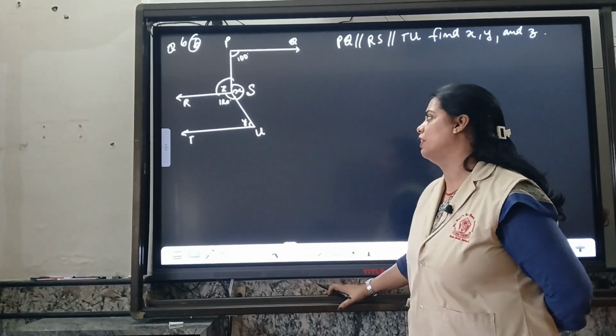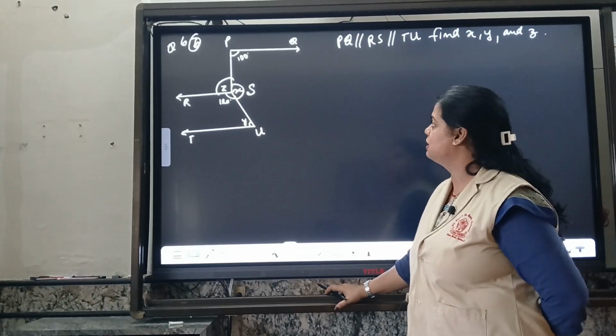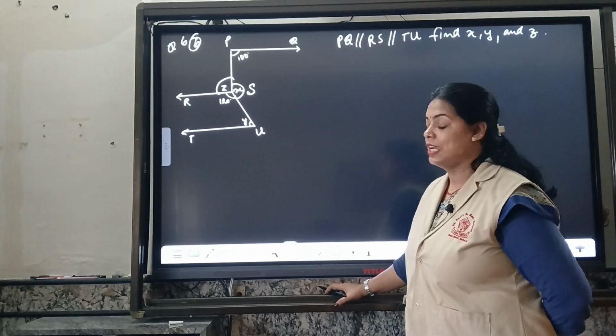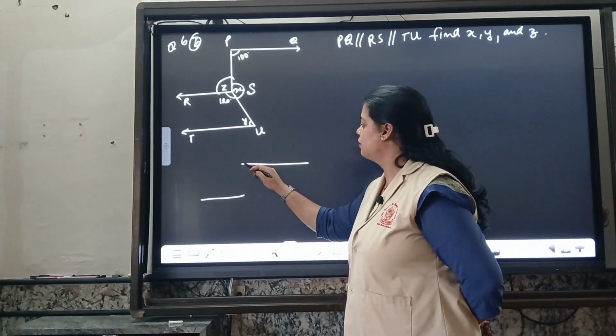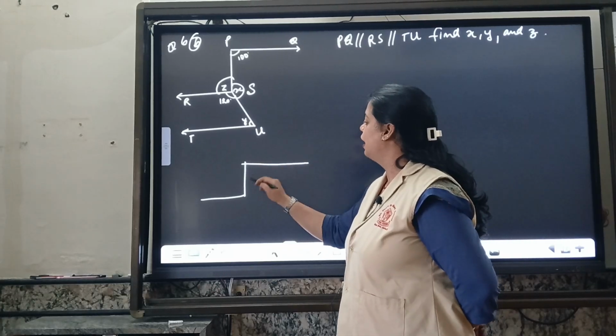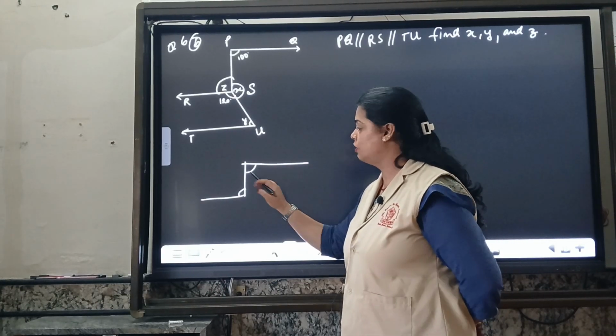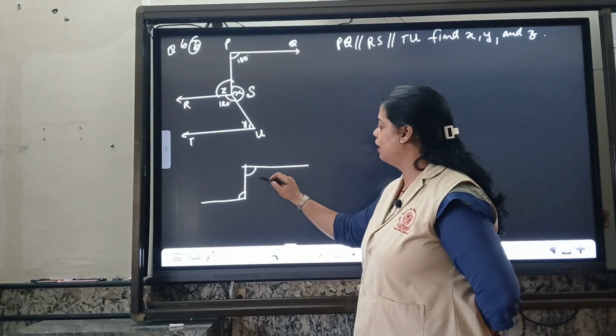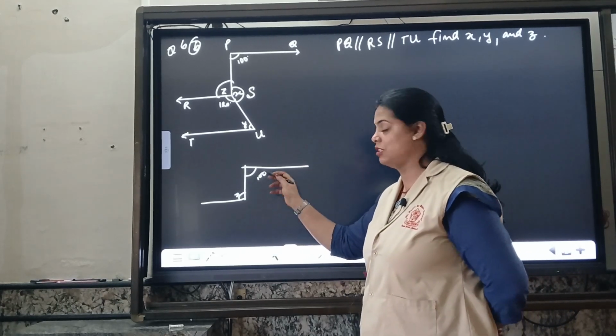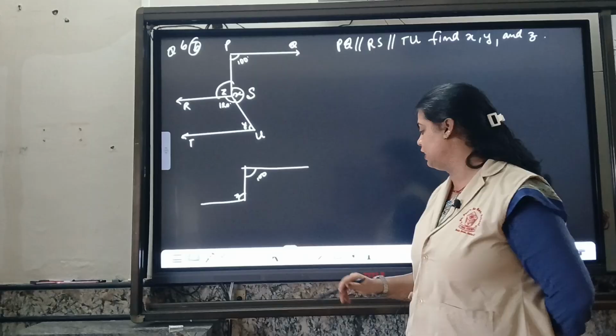Which angle can we find out by using a simple concept? Angle Z and angle 100, you can see. Here are the parallel lines, a transversal line is cutting them and they are forming Z. So it is using the alternate interior angle concept. So we will write 100 is equal to angle Z because these are forming alternate interior angles.